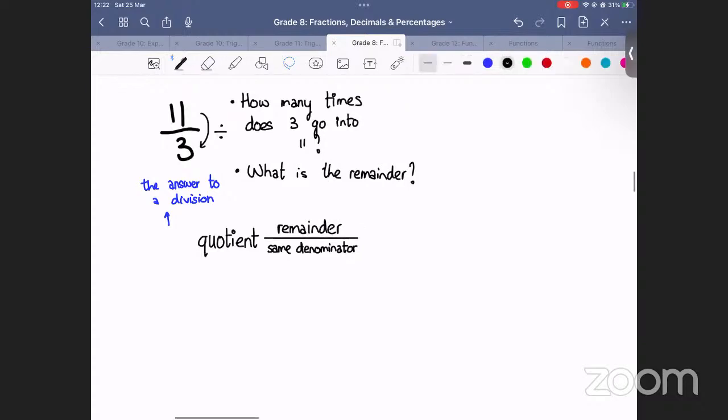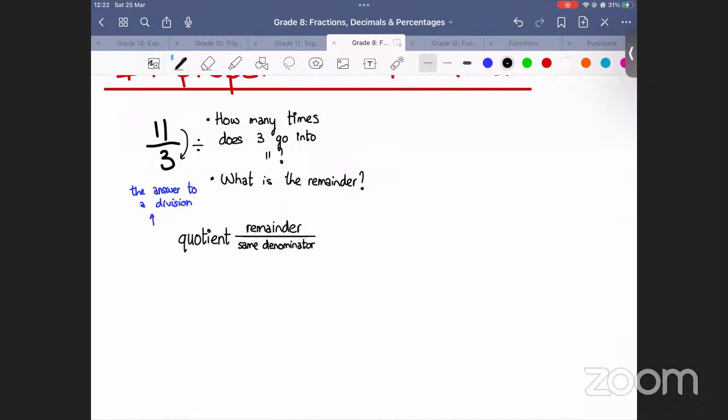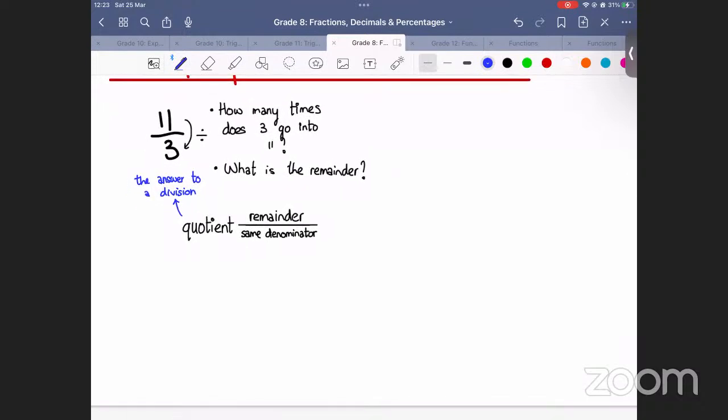The quotient is the answer to a division, so when you say 11 divided by 3, you get 3 remainder 2. Keep the denominator the same. So 11 over 3 can be written as 3 and 2 over 3.